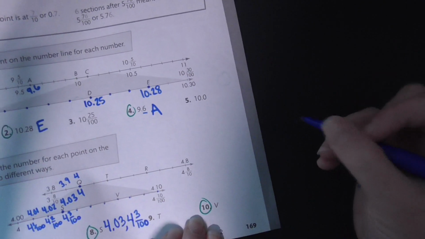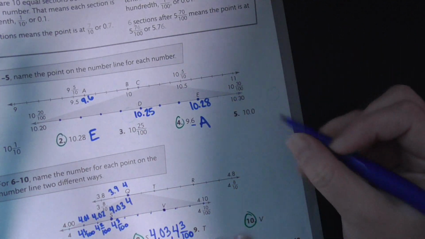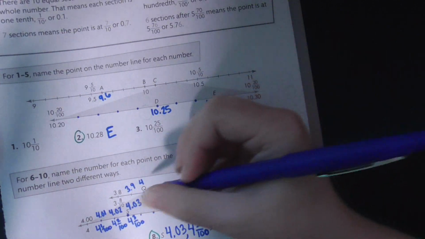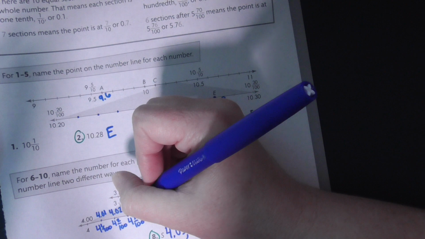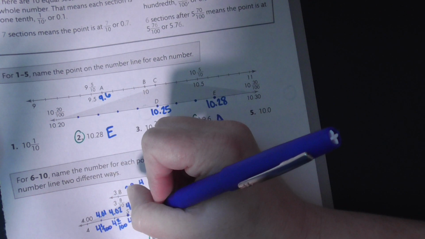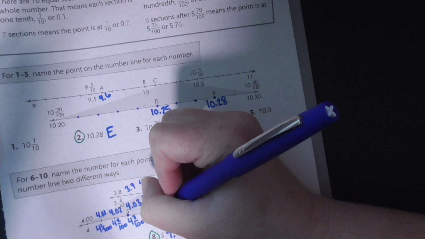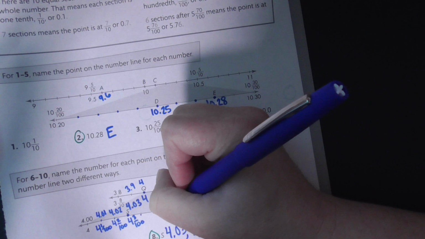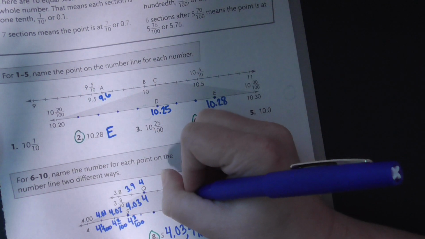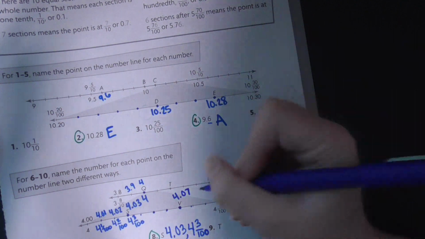All right, number 10, we are looking at point V, which is right here. If we were to keep going with this, we have 4.300, this would be 4.400, 4.500, 4.600, and this would be 4.700.